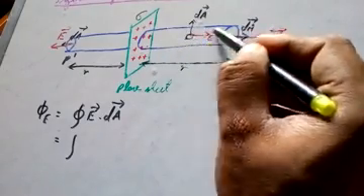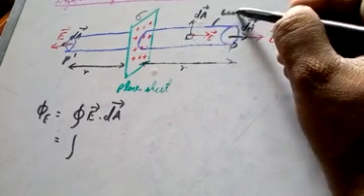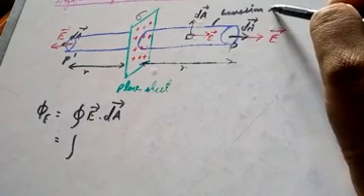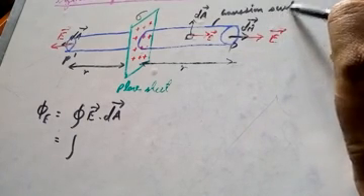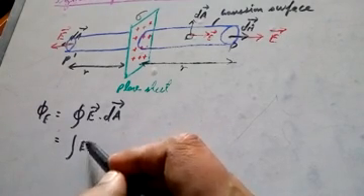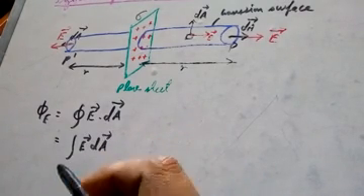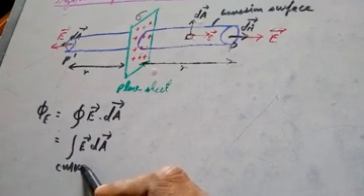This is a Gaussian cylinder, a Gaussian surface. So first one will be the electric flux due to the curved surface. So we'll write here curved surface.